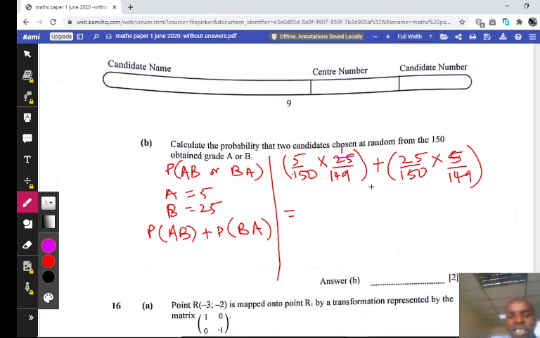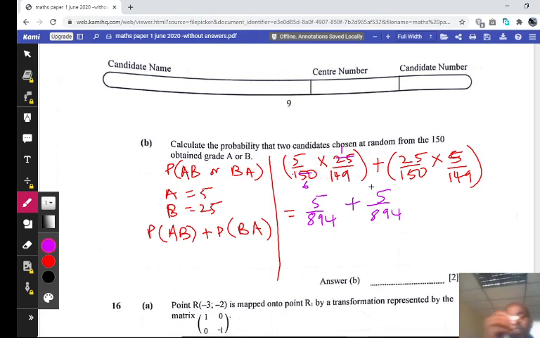So if you simplify this, you can cancel away 25 into 25, 25 into 150, what do you get? You get 6, so it will be 6 here, right? So 25 into 150, you say it is 6, then on top you remain with 5 over, then 6 times 149, what do you get? 894, plus the same here on this side, 5 over 894.